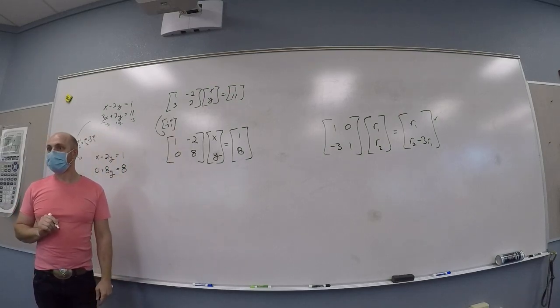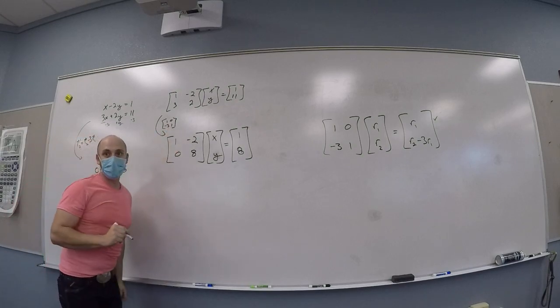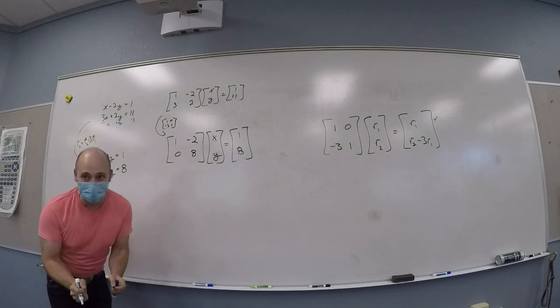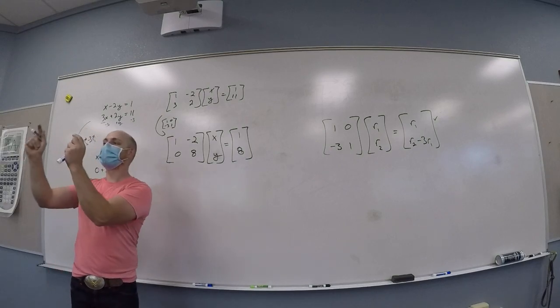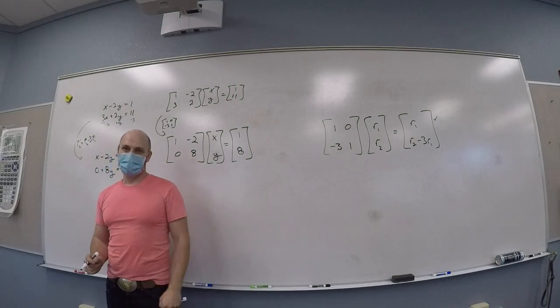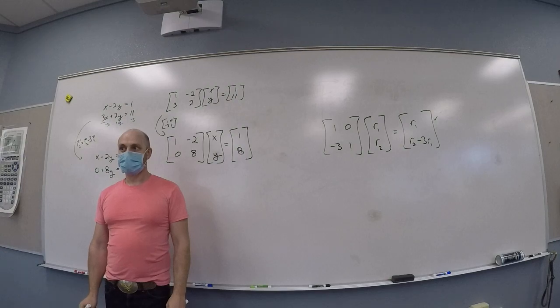So this thing is what's called an elimination matrix. Because, uncreatively, it is a matrix that does elimination. So we call it an elimination matrix. Great.